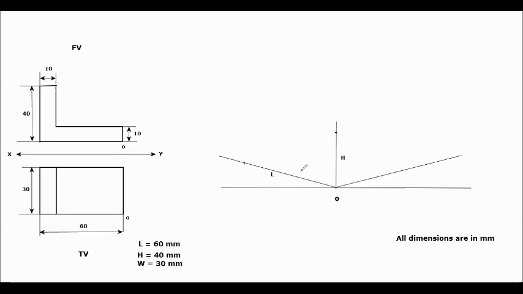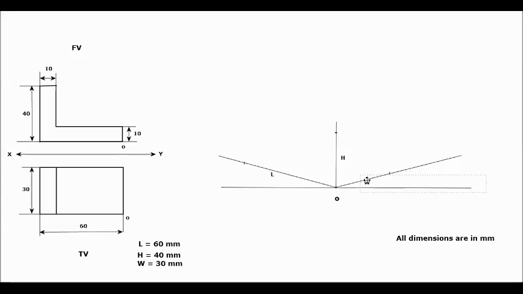Similarly, for width, you have to mark a point on the 30-degree inclined line on the right side of the origin. You have to measure the dimension 30 mm and mark the point. This is your width marking.